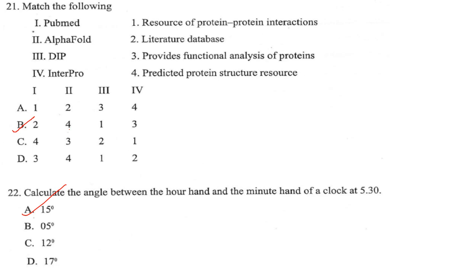PubMed is a literature database. Then AlphaFold is a predicted protein structure resource. DIP is a resource of protein-protein interactions. And Interpro provides functional analysis of proteins. So the answer here is option B.